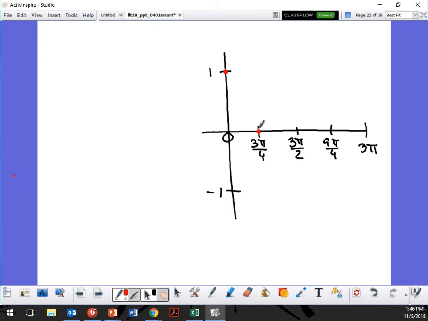At 3π/2, 9π/4, and 3π. I graphed it. Not bad. 4 steps. So step 4 is graphing it.